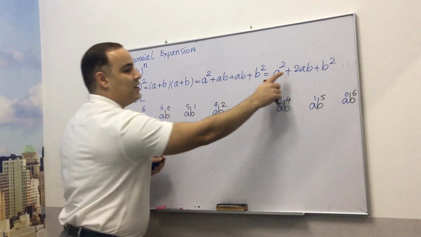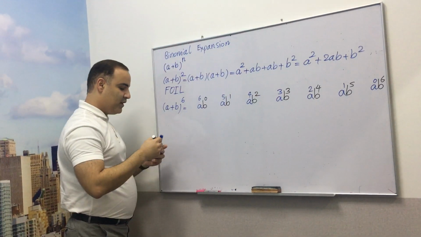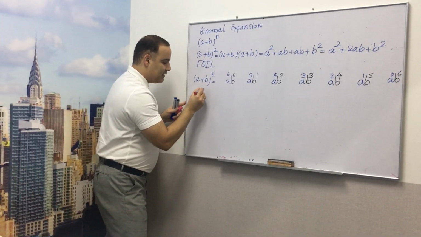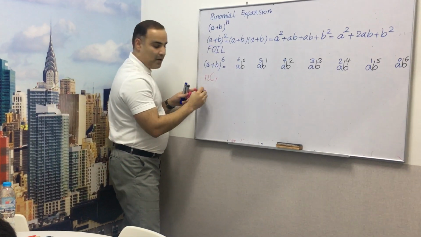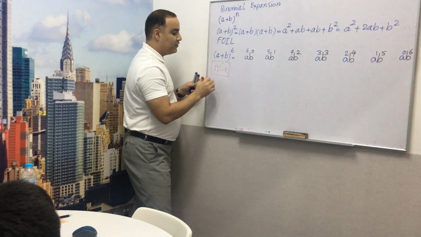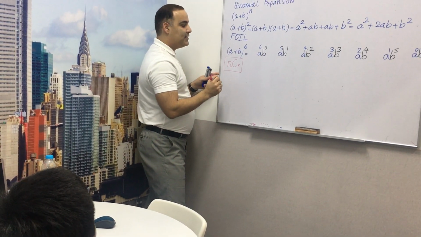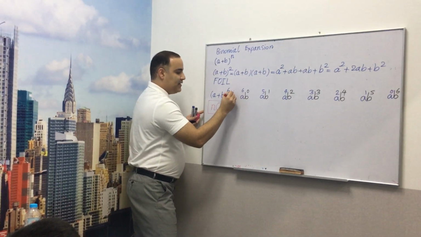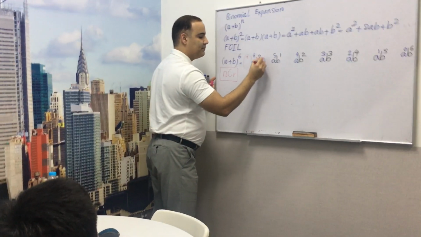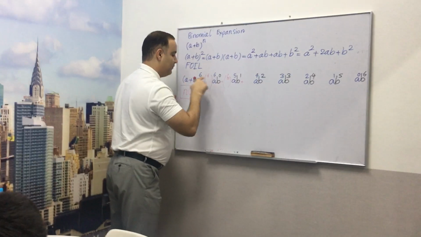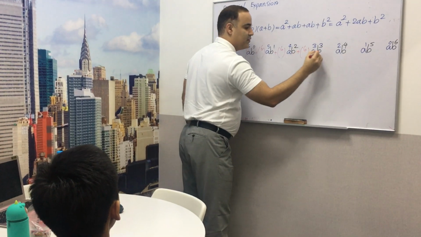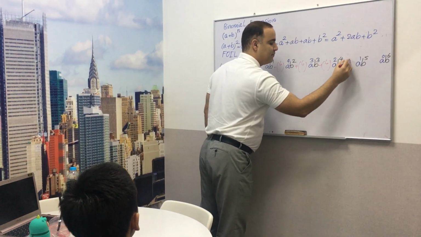Now, what about the coefficients? For the coefficients, I use nCr, combinations. So we use a calculator to find the numbers. n is always 6, because n is 6. So far so good?